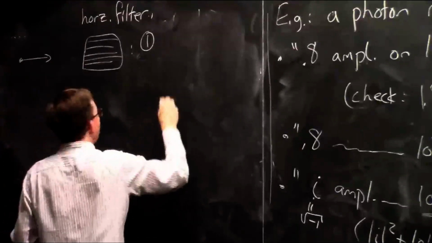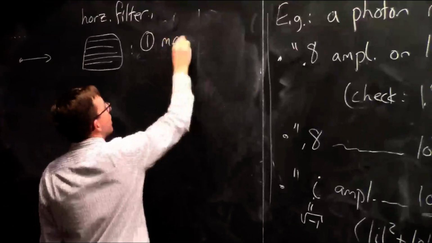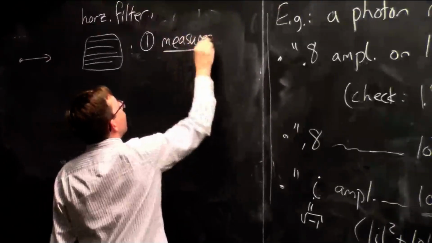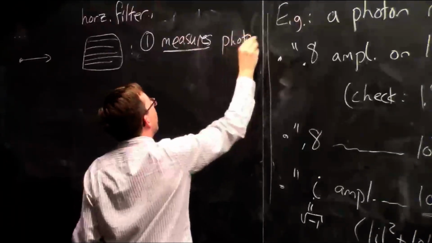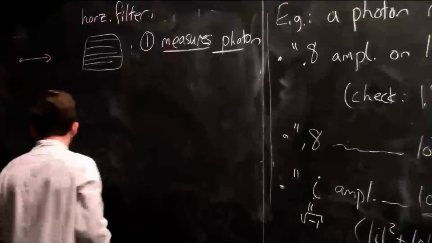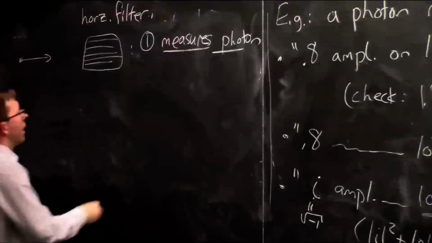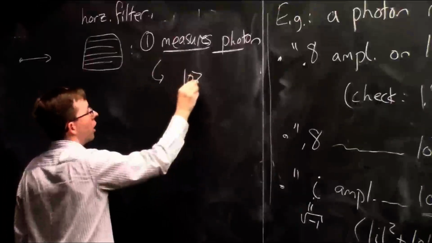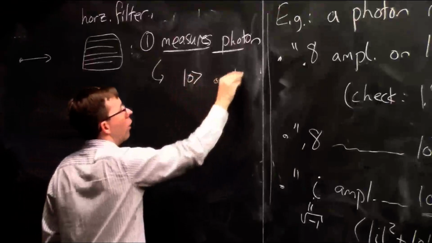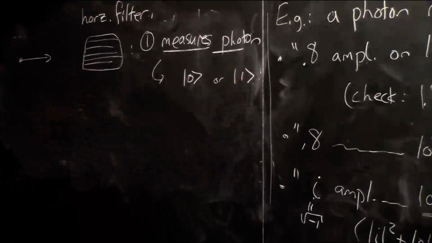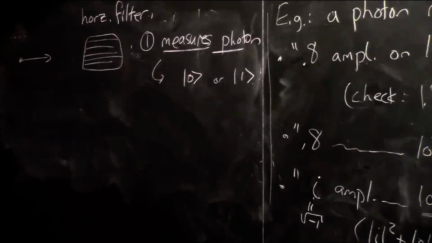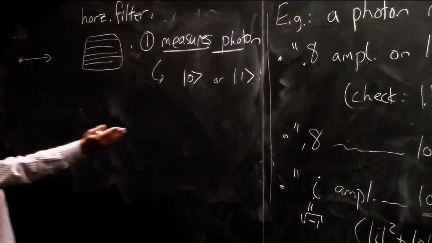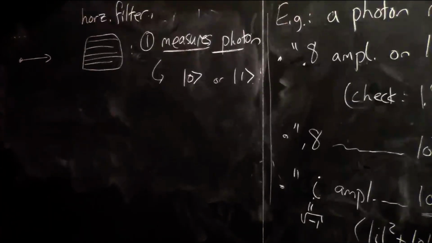One, it measures, in this sense, the photon's polarization state, and therefore either gets horizontal, which we'll call 0, or 1. You can also think of this measurement as converting a quantum piece of information into a classical bit of information. This LCD readout is showing one classical bit.